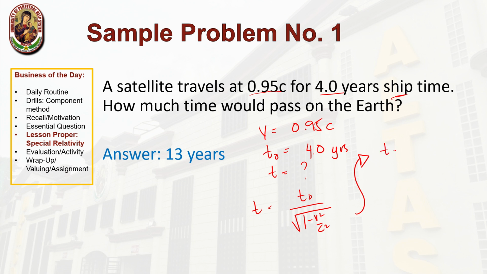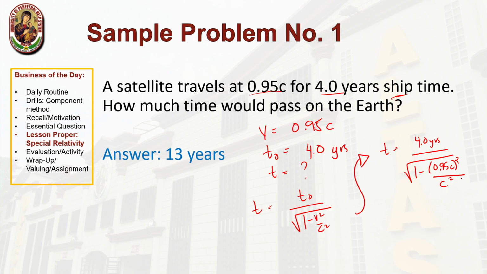So you just have to substitute the values: 4.0 years over square root of 1 minus (0.95 C) square over C square. Remember, we will no longer be substituting the value of the C, right? The 3 times 10 raised to 8 meters per second.